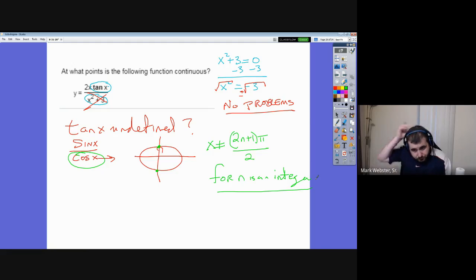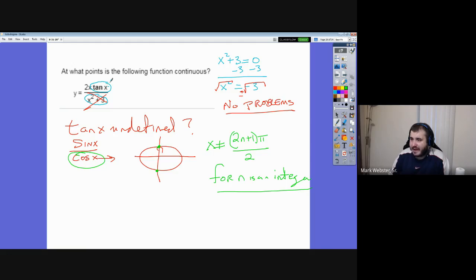And that's all. So to recap a little bit, there were two different possibilities for discontinuities. There was a variable in the denominator, and there was a tangent function. Each of these produces discontinuities. The variable in the denominator, we checked it and found that there's no value of x that makes the denominator 0, so we're good. We can ignore it.